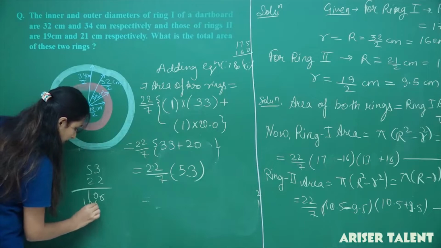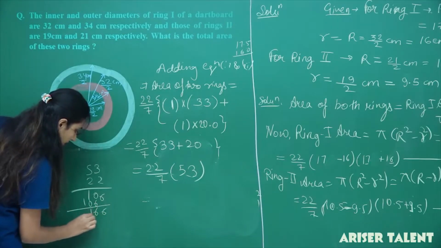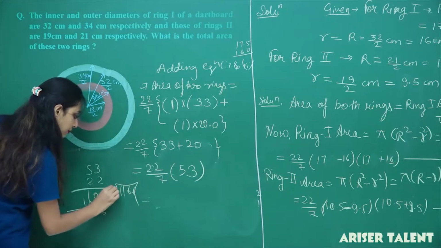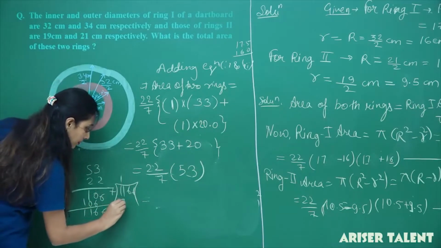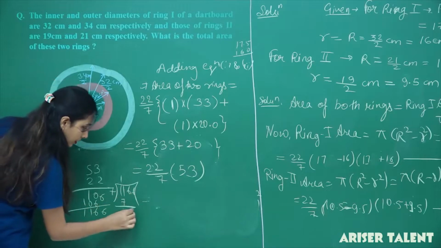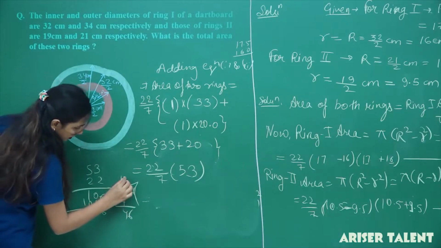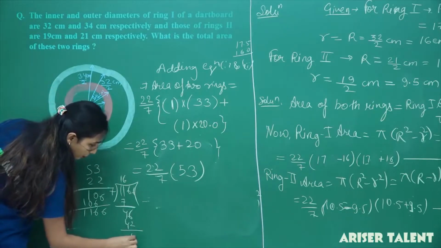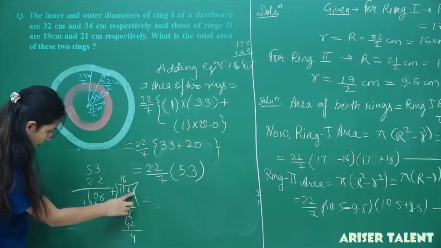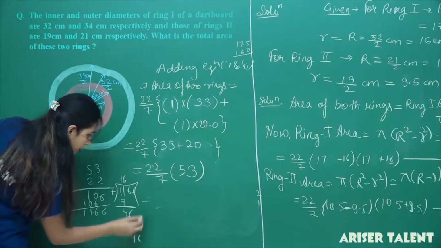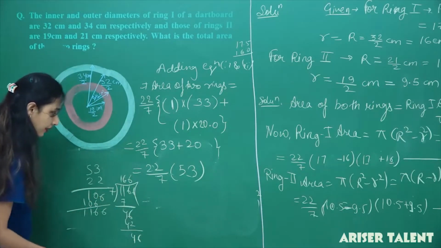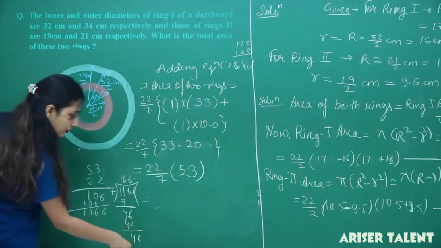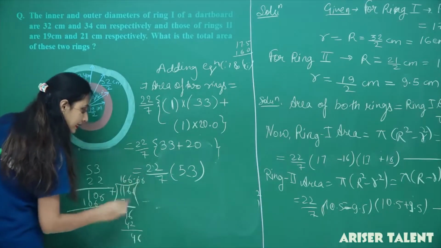1166 divided by 7 gives 166, and the decimal continues, so there will be 6, 6, 6, 6.